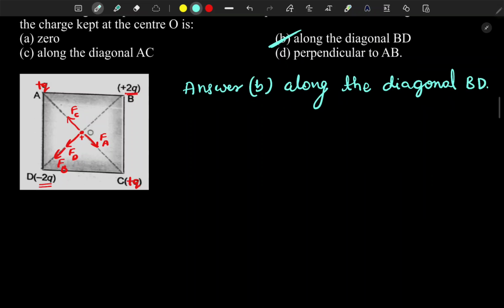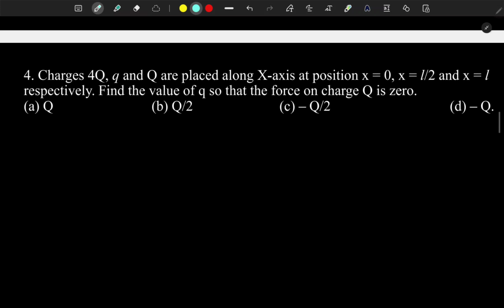Okay? Moving on to the next question. Charges 4q, small q and capital Q are placed along the x-axis at positions x is equal to 0, x is equal to L by 2 and x is equal to L respectively. Find the value of small q so that the force on the capital Q charge is 0.